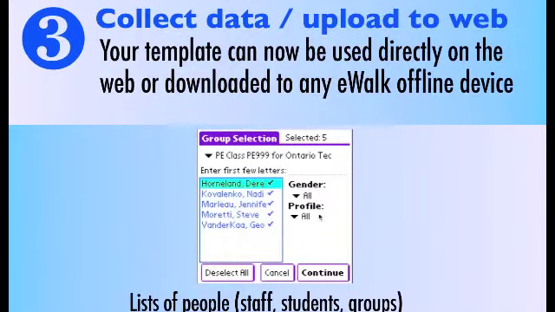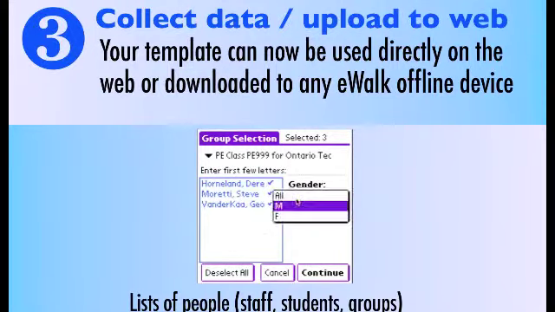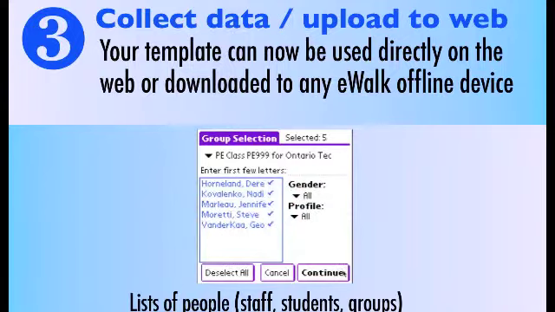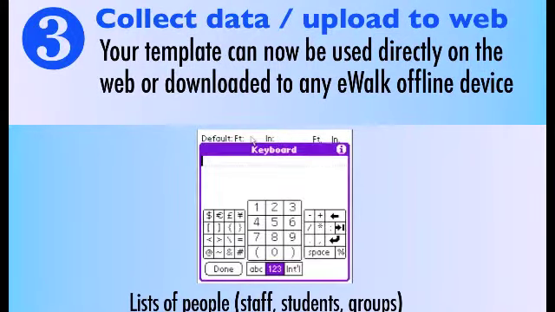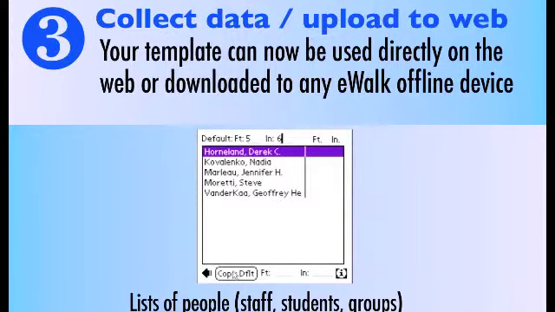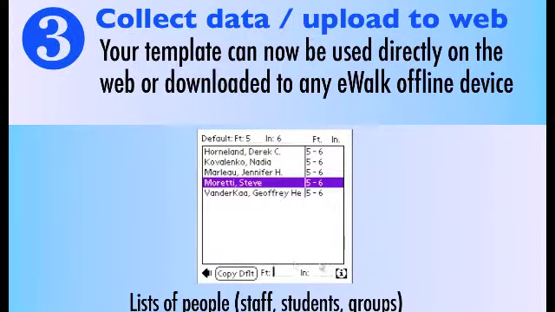We also have something that we call people lists. You can create a group of people and select people by gender or by homeroom or by class. And then when you create a walkthrough with a group of those people, they are available to collect data. You can collect numeric data, set a default value so with one click they all get the same value, and then edit those who need to be changed.